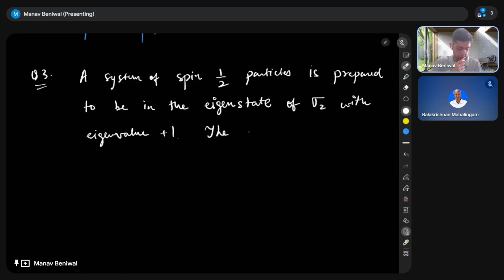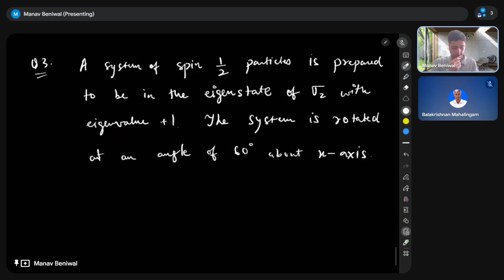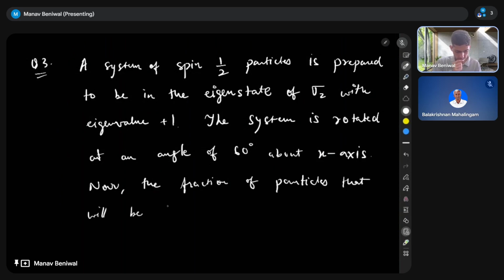Then we rotate the system. The system is rotated at an angle of 60 degrees about the x-axis, and the problem is now the fraction of particles that will be in the plus one eigenstate of sigma z.